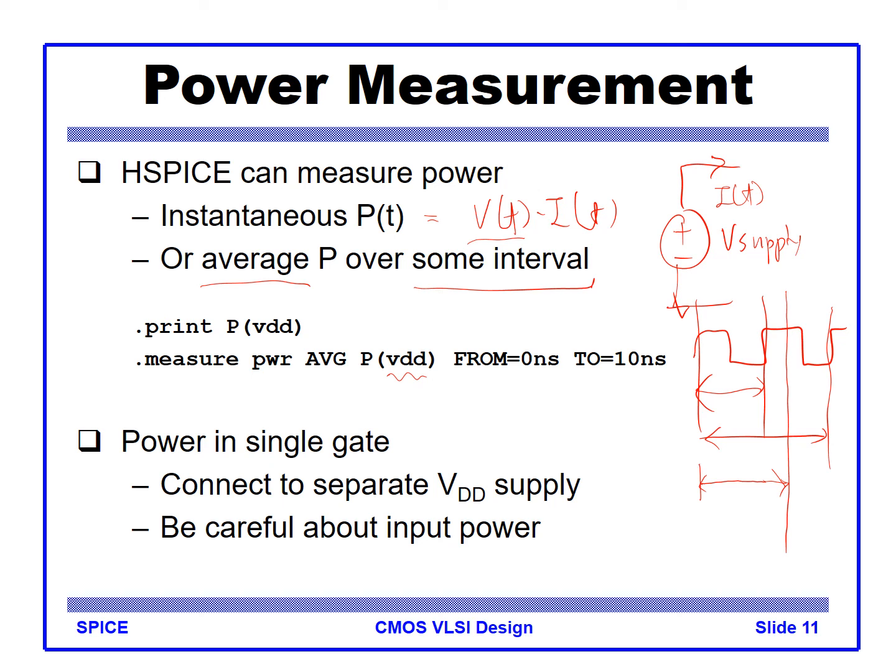So any periodic behavior must be counted. If you don't want to consider this ambiguity, you have to average over a very long time, like 100 or 1,000 cycles.